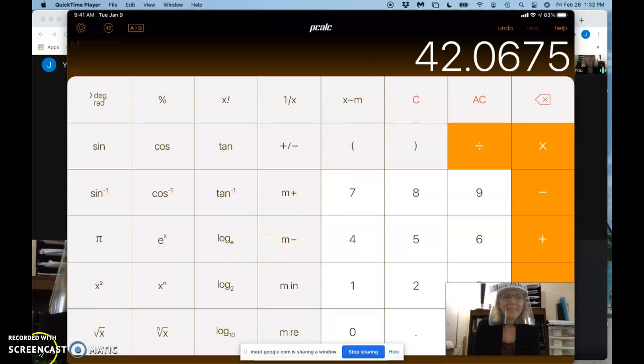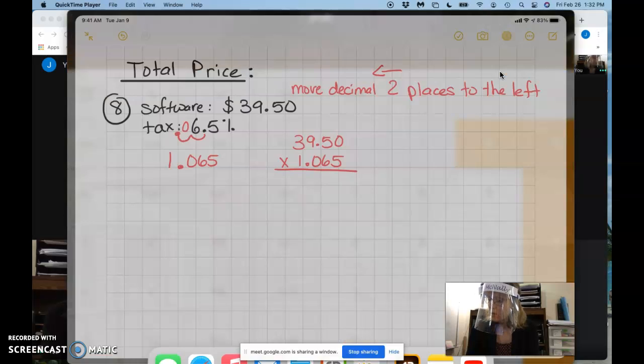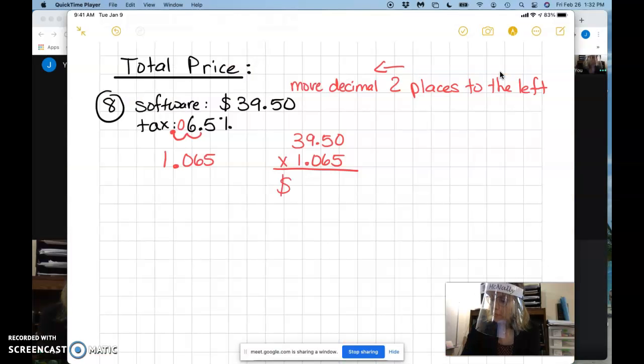Okay, 7. It's going to be $42.07 because this 7 right here is going to make this 6 round up to the next number. So $42.07 is going to be my total price that I'm going to pay.